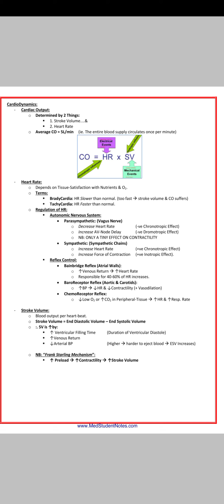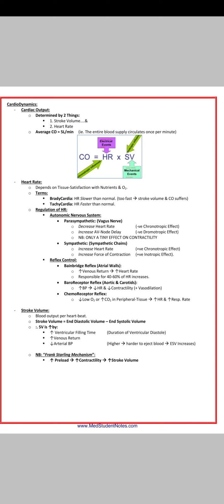The stimulation is passed to the vagus nerves, and this causes a decrease in heart rate. The parasympathetic and sympathetic are connected by interneurons. There is a decrease in heart rate, that is the chronotropic effect. Next is increased AV node delay, which causes the heart rate to decrease.